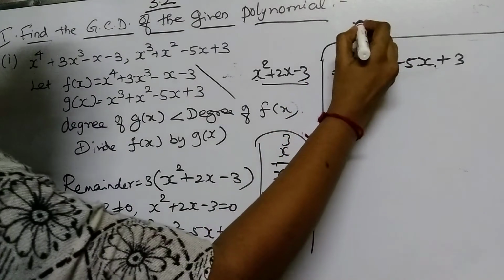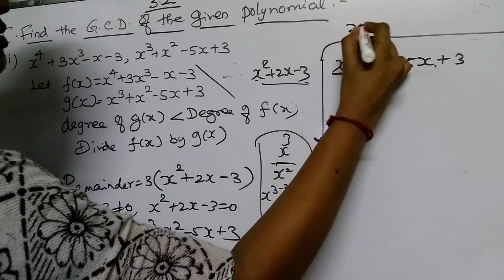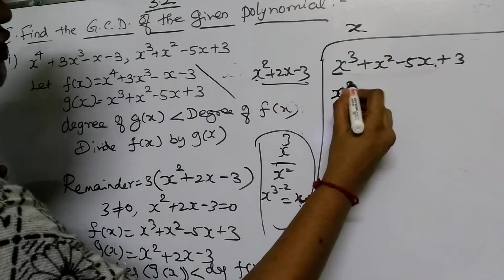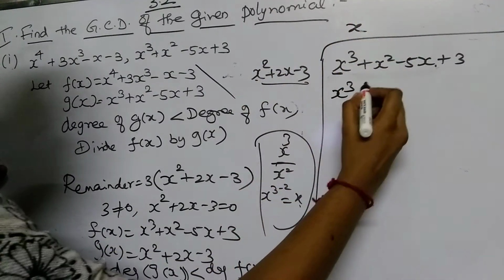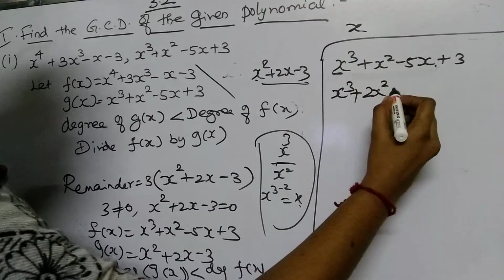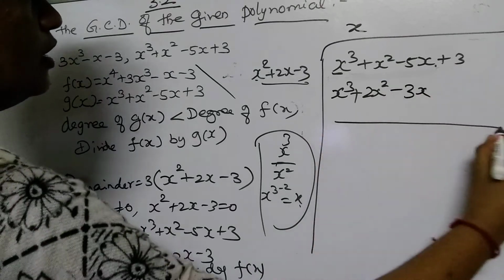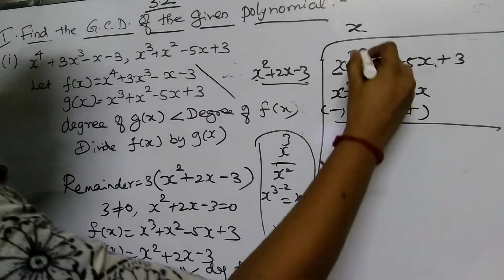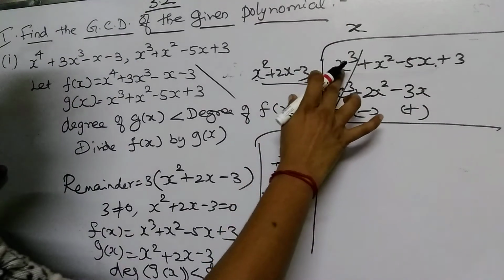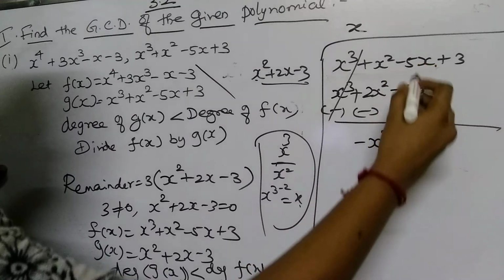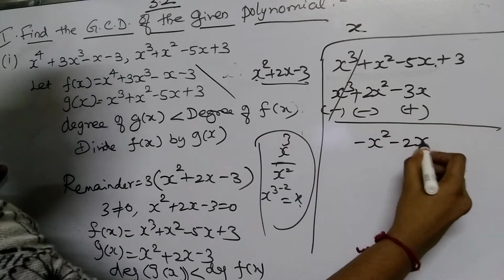Now multiply the quotient number by all 3 terms and write it over here: x square into x is x cube, 2x into x is 2x square, then minus 3 into x is minus 3x. Now subtract it, change the sign: x cube cancels, x square minus 2x square gives minus x square, minus 5x minus 3x gives minus 2x, plus 3.